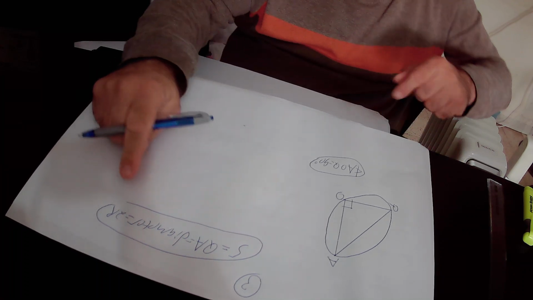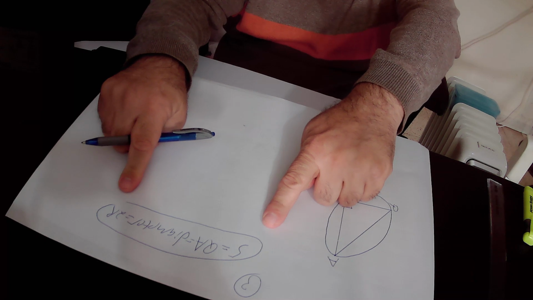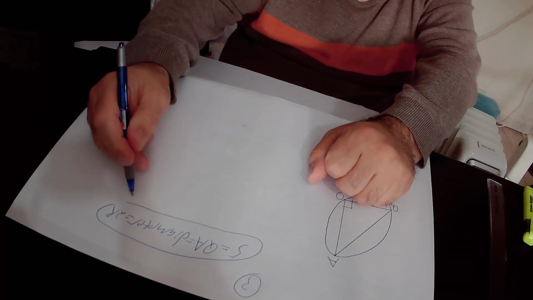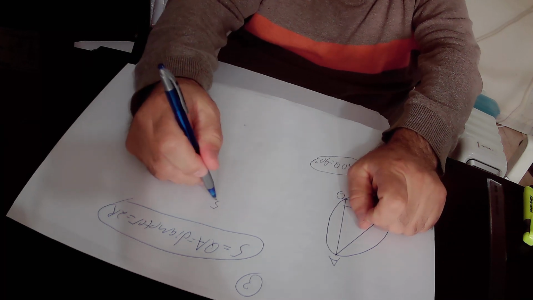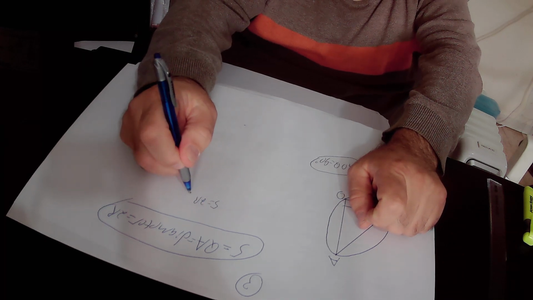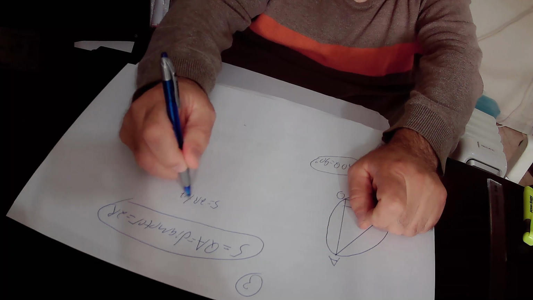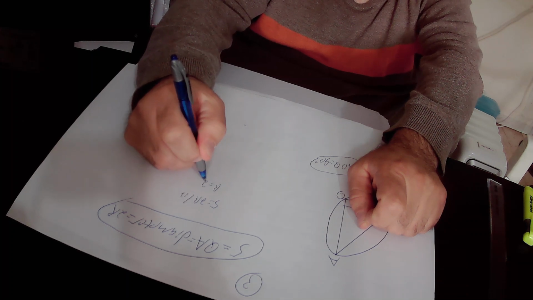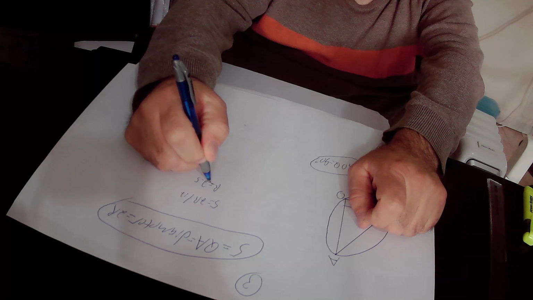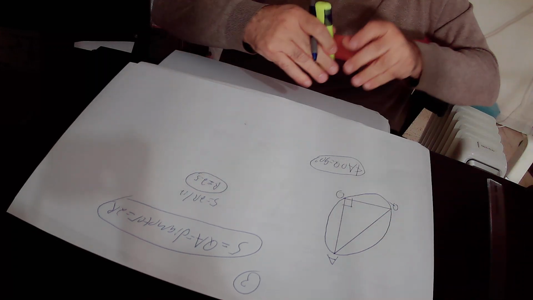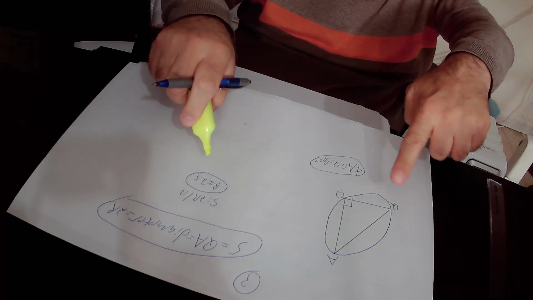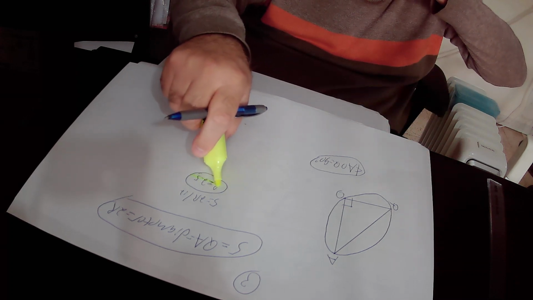From this we derive that 5 equals 2r. We divide this equation by 2 and finally we get that r equals 2.5 units. So we found out that the radius of this circle equals 2.5 units.